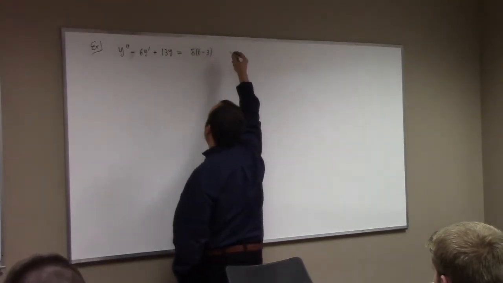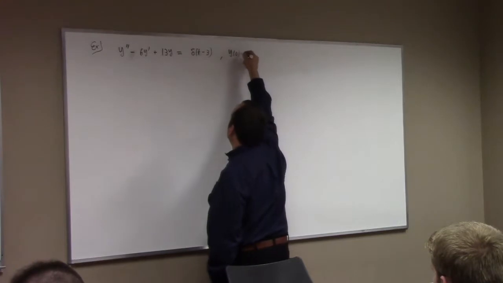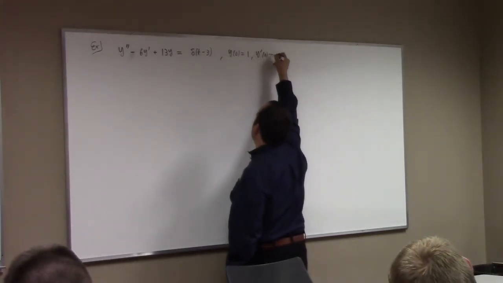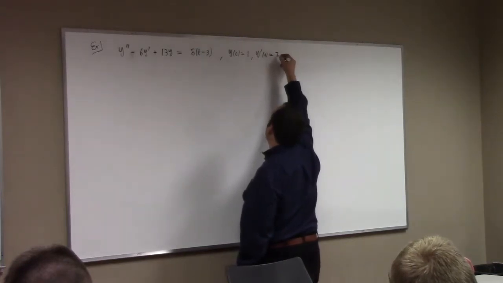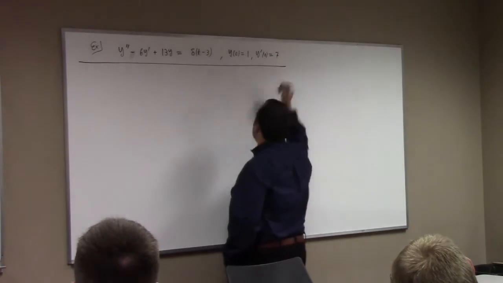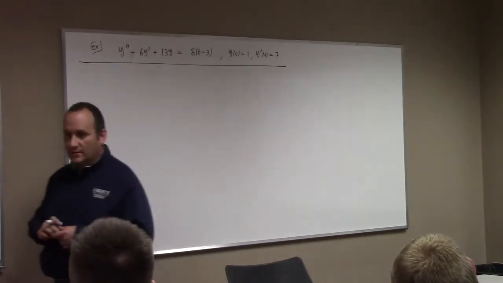And we'll suppose that y of 0 equals 1 and y prime of 0 equals 7. Solve this problem. Let's do it.